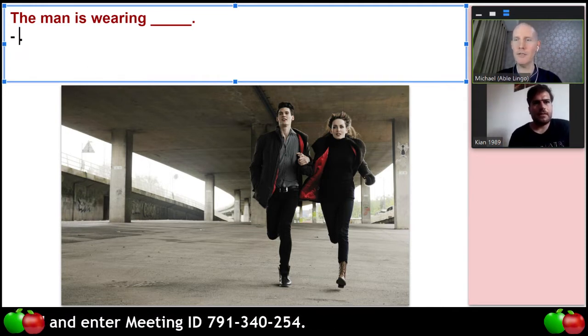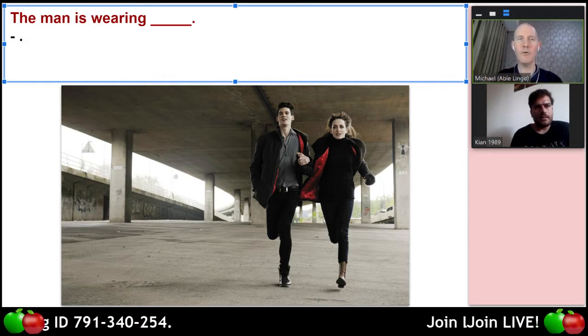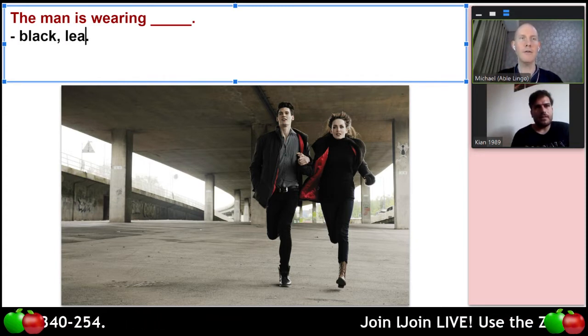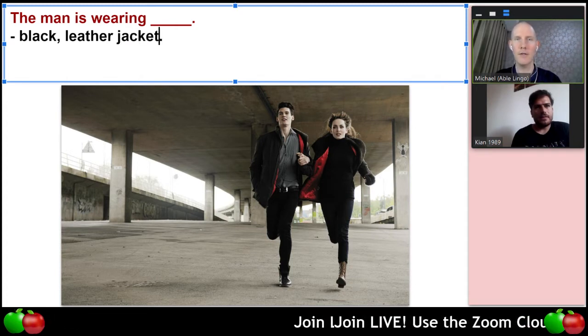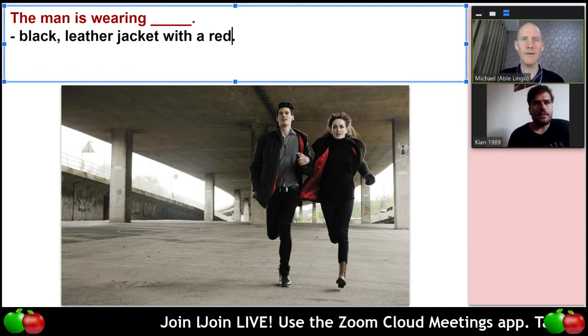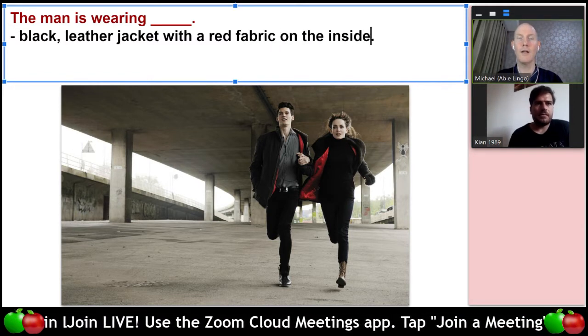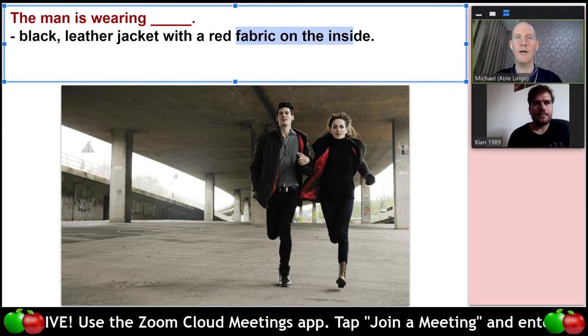Okay, all right. And Modulaine Hulali says black coat. So maybe we'll combine it with yours. Maybe we'll say a black leather jacket. Yeah, with a red fabric on the inside, I guess. Oh, actually, even better, we'll say a red lining.